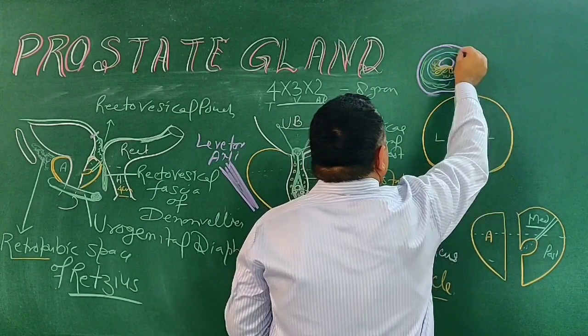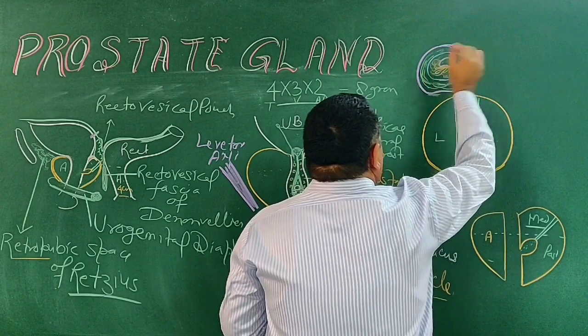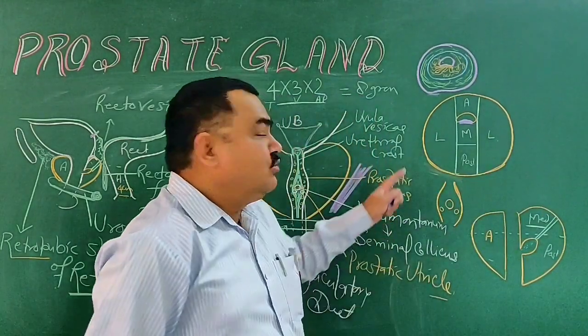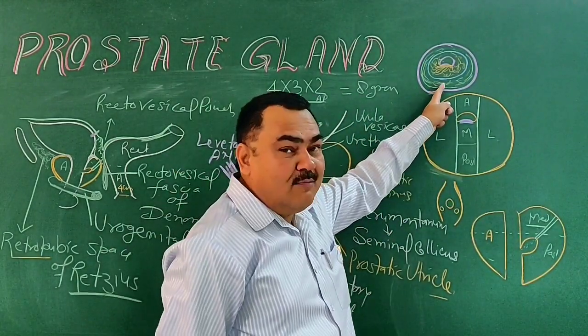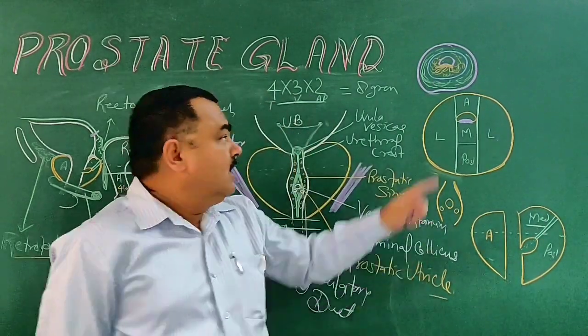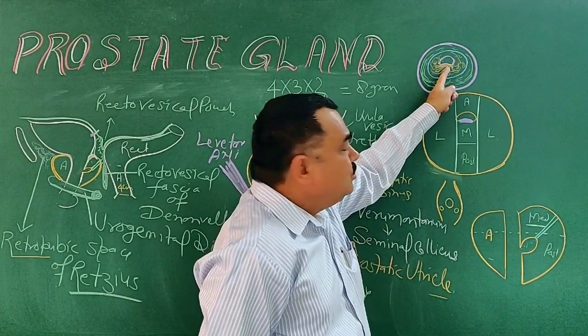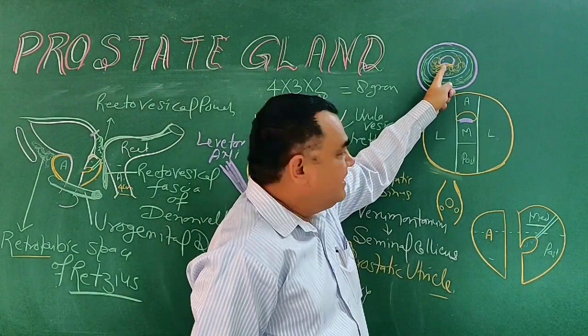This outer zone is formed by the rest of the prostatic urethra and is endodermal, and this inner zone is mesodermal. This inner zone is very prone to benign hypertrophy of the prostate.